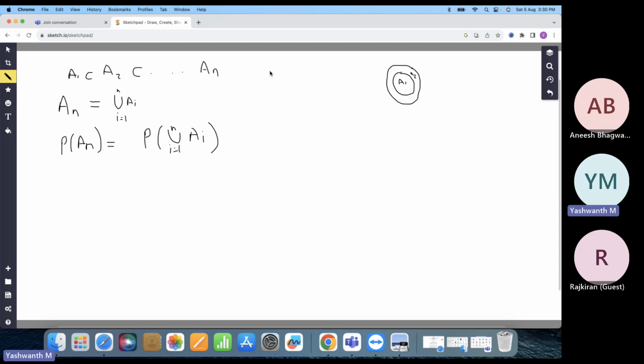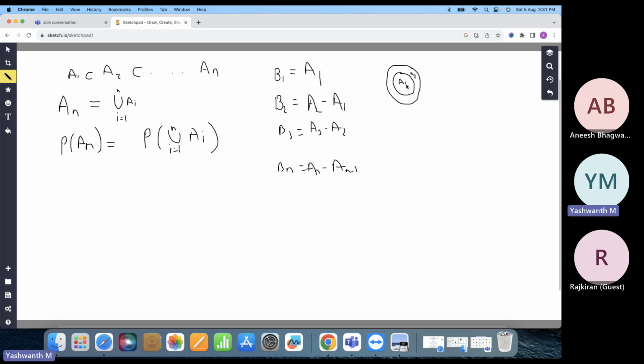Now, the trick here is to create disjoint sets which have the same measure as this union of A's. Let's call A1 as B1, call B2 as A2 minus A1, call B3 as A3 minus A2, and so on, Bn as An minus An minus 1.